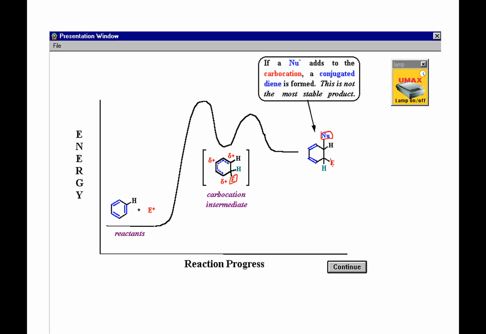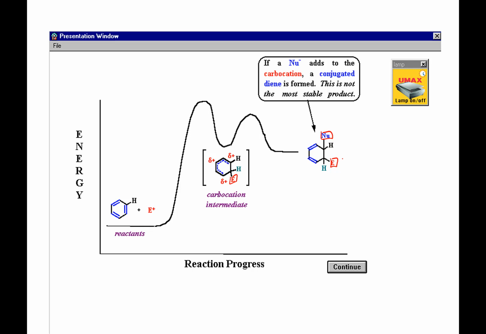When we add our electrophile and our nucleophile across the double bond, that's like adding HCl, HBr, H plus H2O. That's what we've done when we've added an electrophile followed by a nucleophile. And I could do that here. I would get this product.